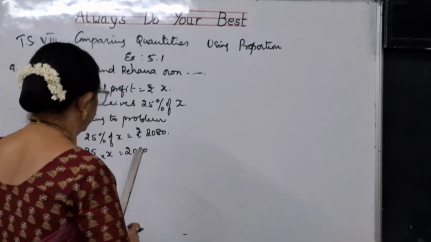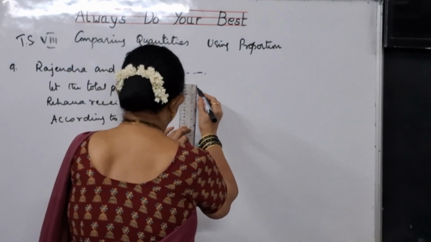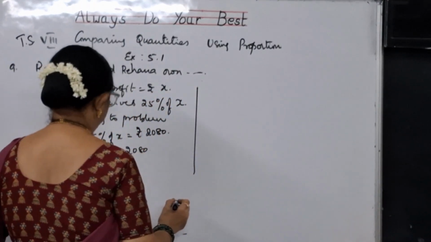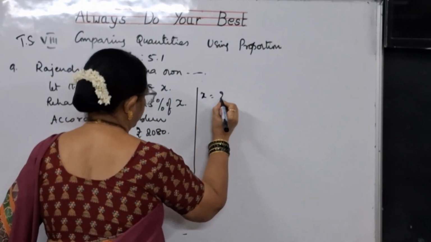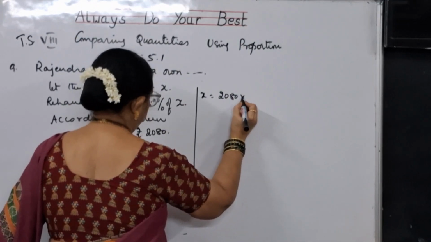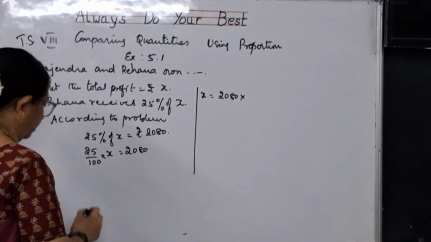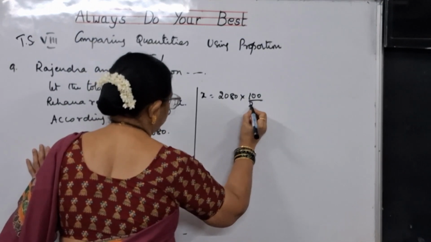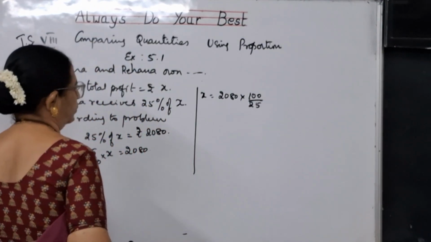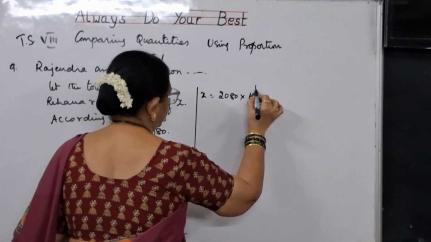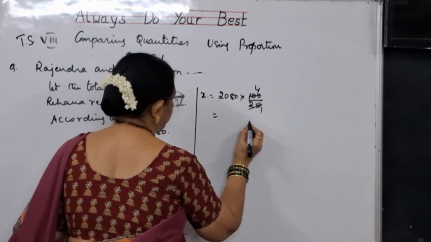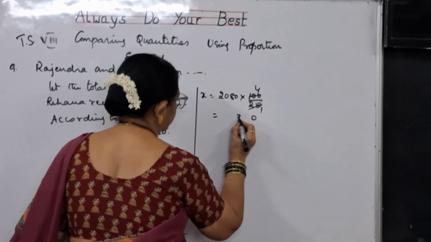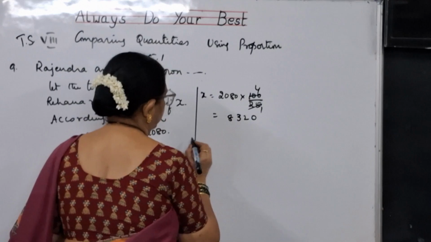So let us continue this. X is equal to 2080 into 100 by 25, the reciprocal you will be writing. So we know that 25 fours are 100. So 4 zeros are 0, 4 eights are 32, 4 twos are 8.